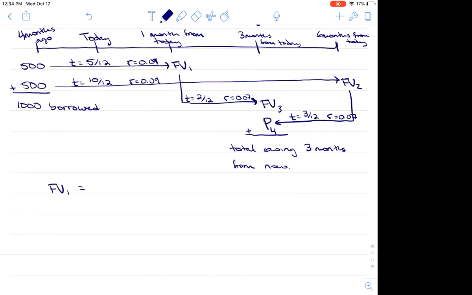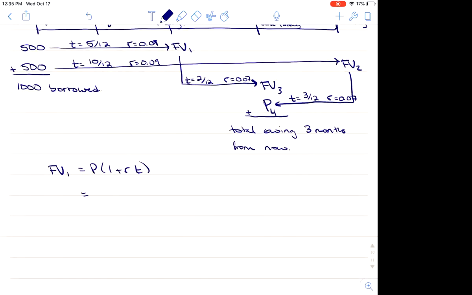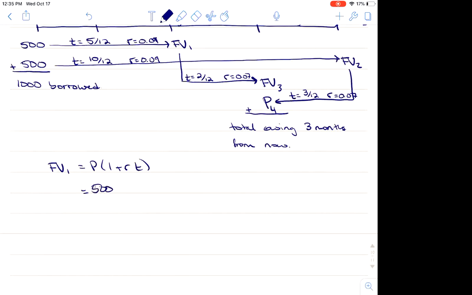Future value 1 is P times 1 plus RT. The principal amount was 500, times 1 plus R, which is 0.09 for this one, times T, which is 5/12.